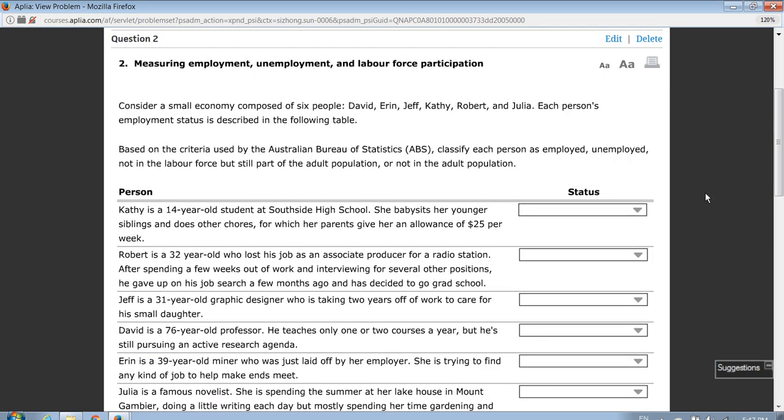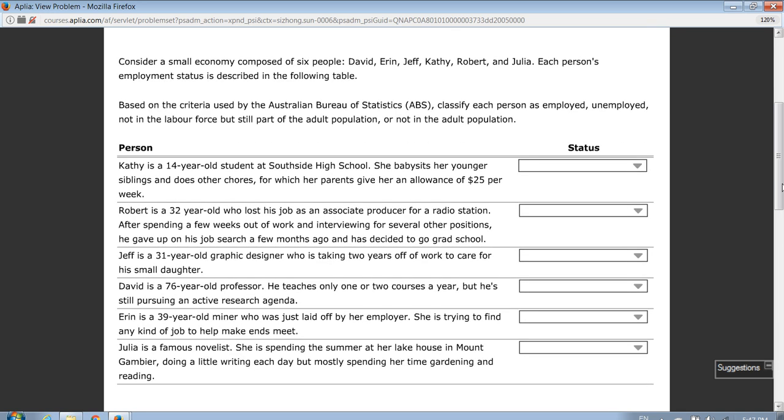Consider a small economy composed of 6 people: David, Aaron, Jeff, Casey, Robert, and Julia. Each person's employment status is described in the following table. Casey is a 14-year-old student at Southside High School.